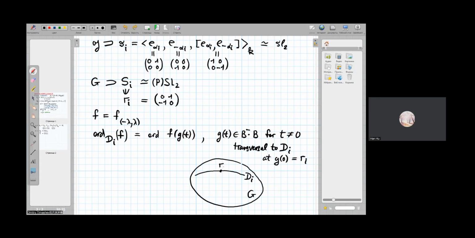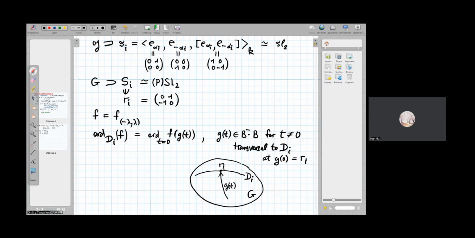And we have this curve g of t meeting this divisor transversally at this point. So I claim that the vanishing order of f along this divisor di is just the vanishing order of this function of the parameter t at the value t equal to 0. Okay.